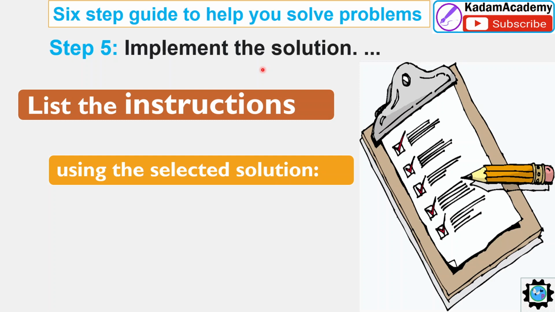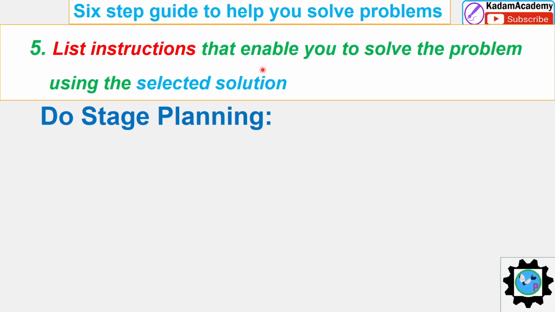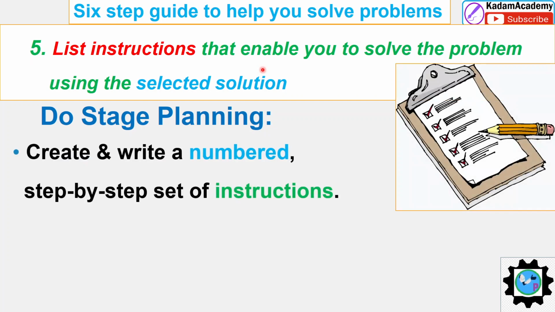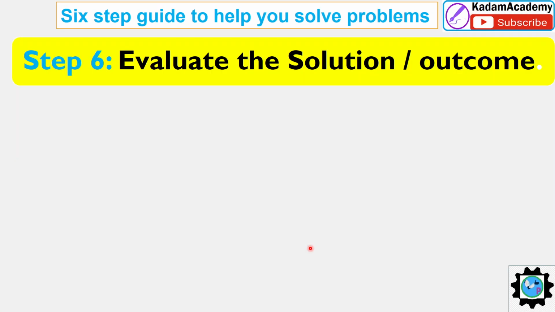That is also important. So friends, this fifth step is to put the decision into action. So do stage planning, create and write the numbered step-by-step instructions, and these step-by-step instructions must be within the knowledge base we already studied in step 2.